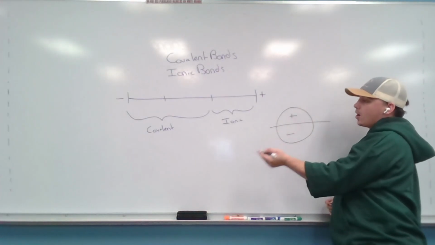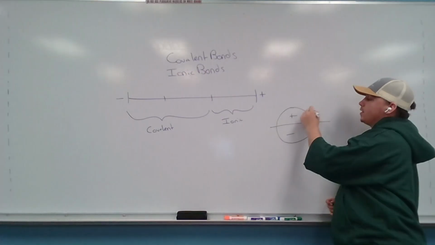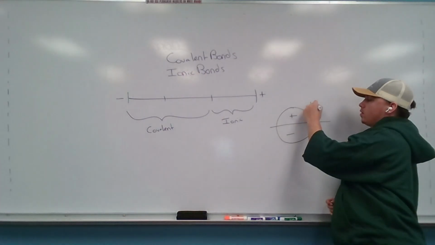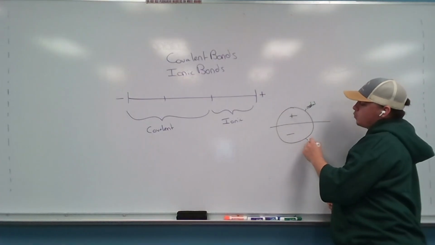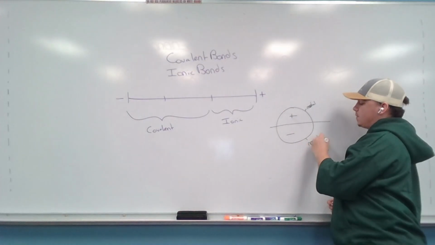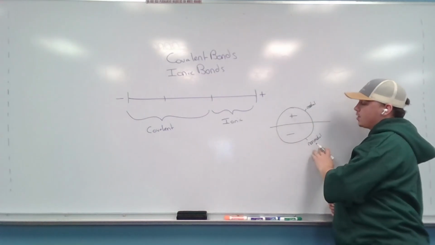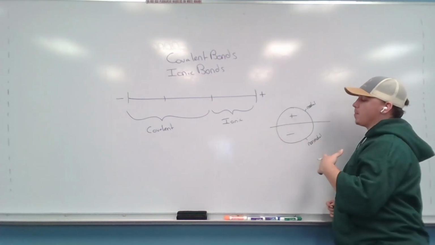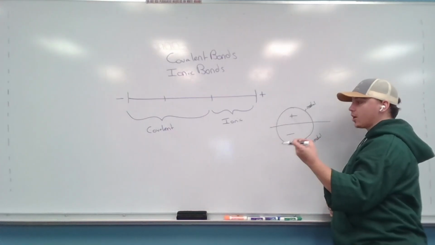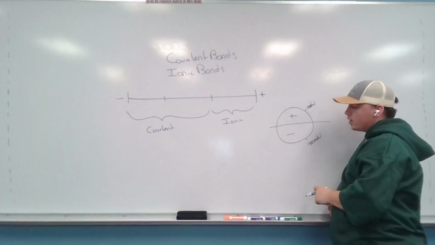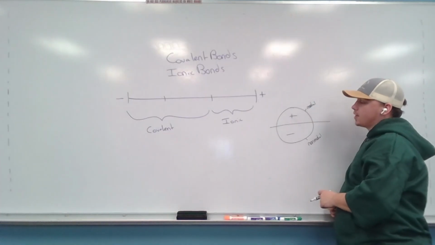Now, in an ionic bond, this would be our covalent, this would be our metal, and this would be our nonmetal. Why is this? It's because the metals are willing to donate electrons, and the nonmetals are willing to take electrons from the metals. That's why they bond, because they share electrons. And it's electric because of that, and we prefer to think about the electric side.